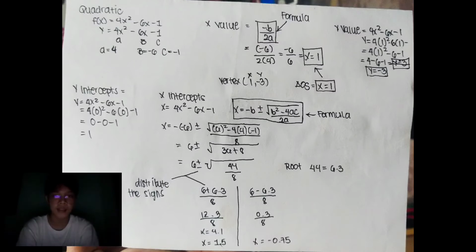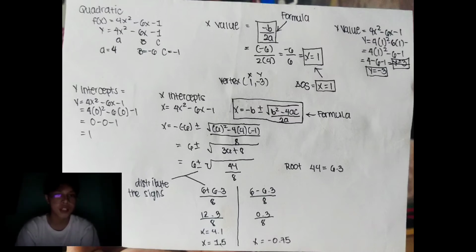Then next, the axis of symmetry is the value of X, which is X equals 1. For the Y intercept, all of the X will become 0, so it will be 4 parenthesis 0 squared minus 6 parenthesis 0 minus 1. It becomes 0 minus 0 minus 1.